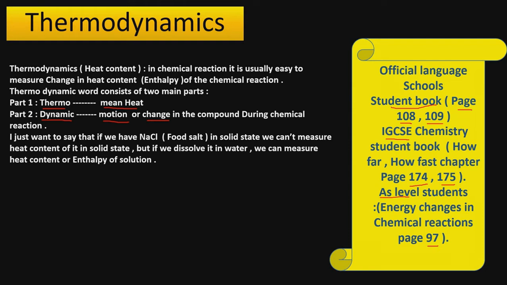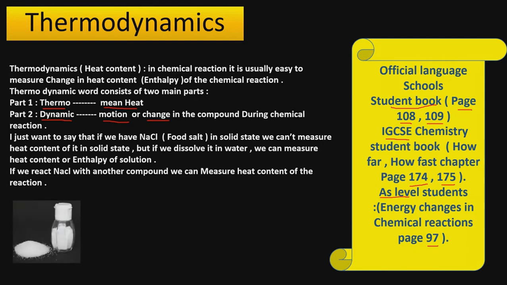We can measure the heat content of a compound, but we cannot measure the heat content or the enthalpy of a single compound. For example, if I give you a sample of food salt and tell you to measure its heat content as a single substance, it is impossible to measure the heat content of sodium salt alone.